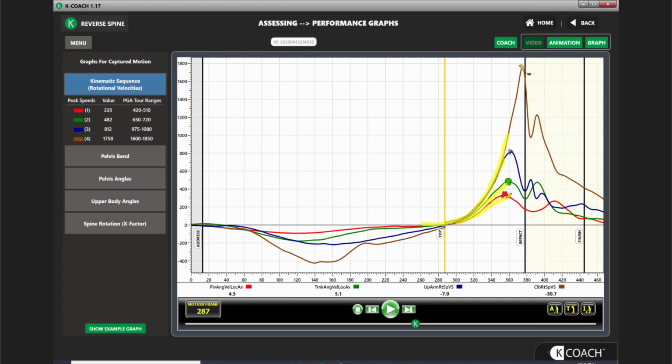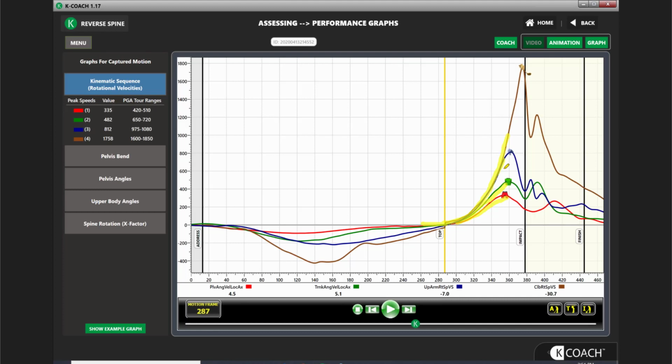We call this fanning because it kind of looks like a fan as they start to peel apart from left to right. And this is the most prohibitive for creating efficient speed or power in your golf swing. This is more of a top-down acceleration pattern where they're not really taking advantage at all of the segments below, the more proximal segments to the ground, the ones that can add much more energy into the system.